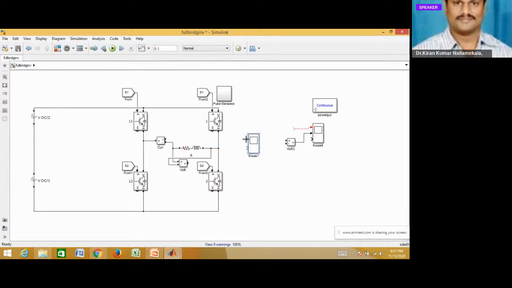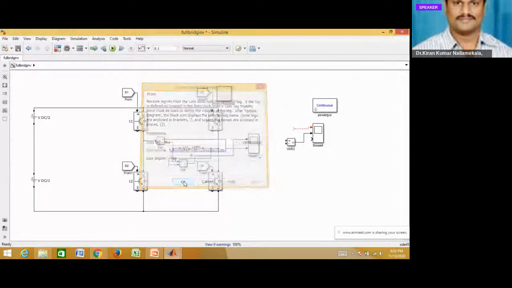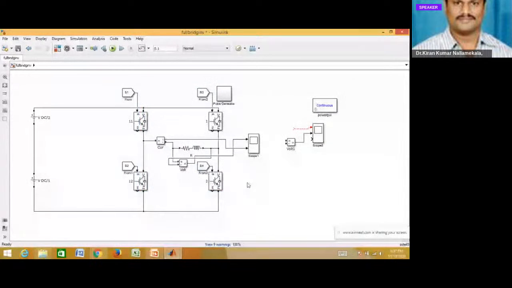I will give the voltage to the first terminal and current to the second terminal. This is the power signal connection. Here I will take S1 and S2. Here the second leg of the inverter is taken as S3 and S4. Now I'll simulate this. Here in the full bridge, you don't require 2 DC sources, 1 DC source is sufficient.